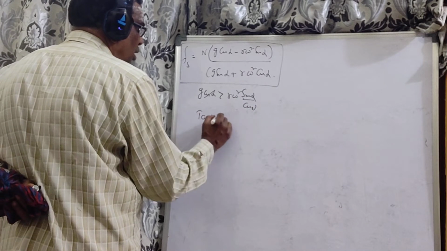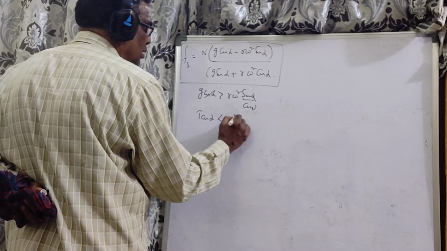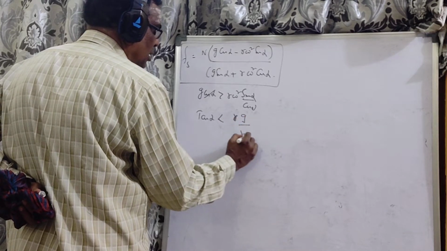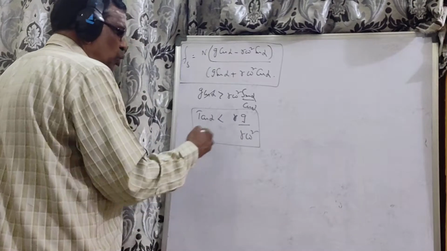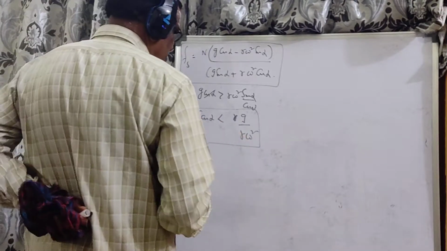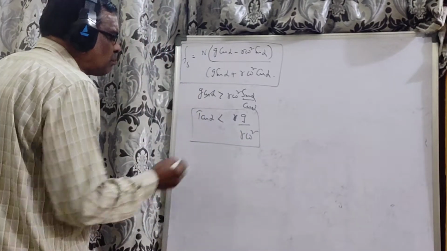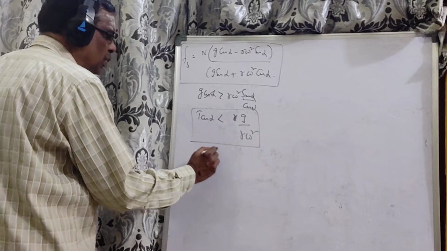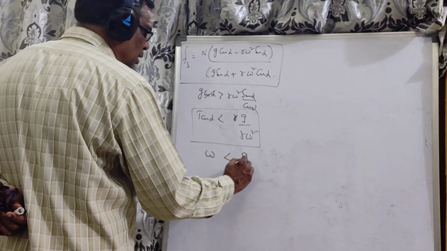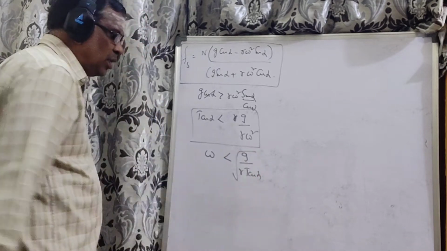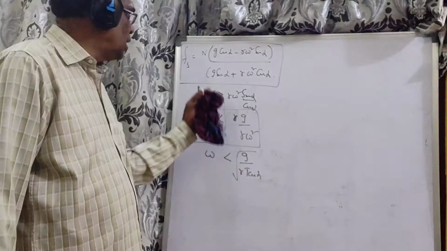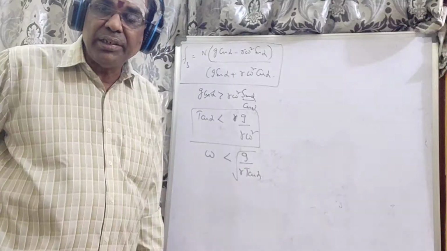Tan alpha is less than g by r omega square. So many ways you can give it, okay? Omega must be less than under root g by r tan alpha for the frictional force to be upward.